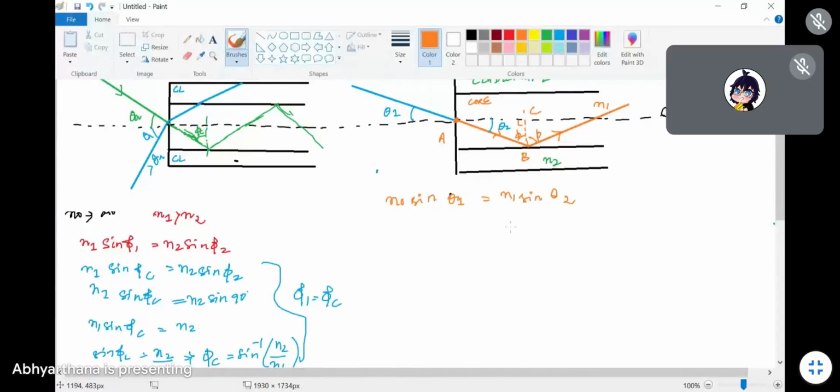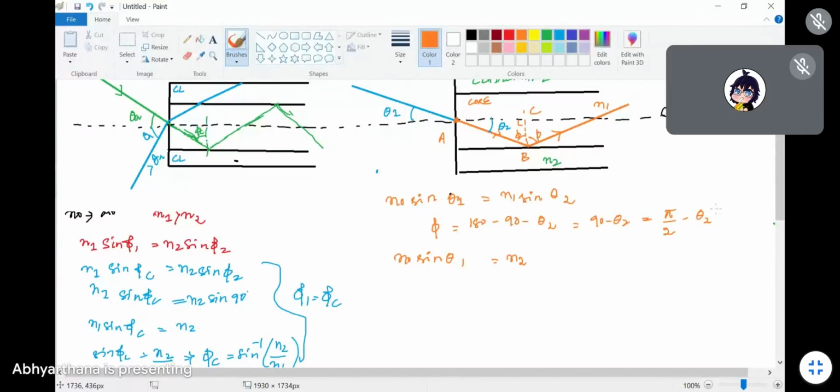Now this phi angle I can represent as 180 minus 90 minus theta 2, which is nothing but 90 minus theta 2, or in a more engineering language, pi by 2 minus theta 2.